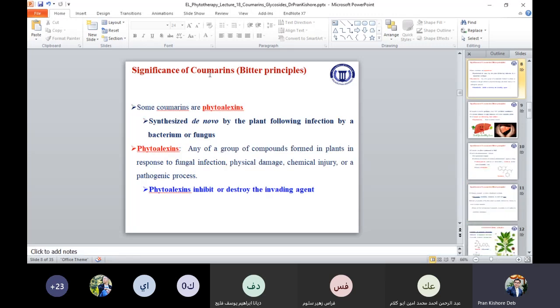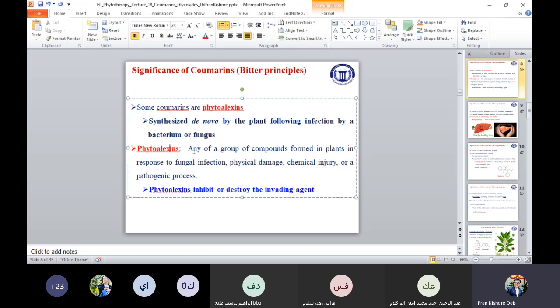Now coming to another significance, some coumarins are phytoalexins. What is a phytoalexin? I have no chance to ask you a question because you can already see it here. We have studied this in flavonoids already. Phytoalexins are synthesized de novo by the plant following infection by a bacterium or fungus.